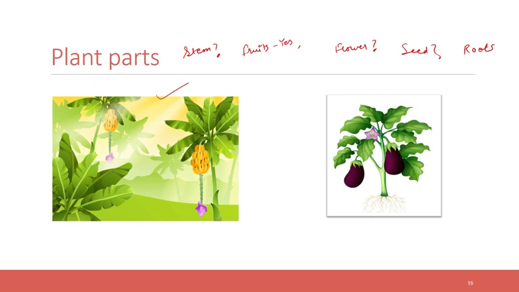This is the picture of a banana plant, right? Now tell me, what do you eat from this picture? It is quite obvious that you all eat banana, which is a fruit, right? So you eat the fruit.